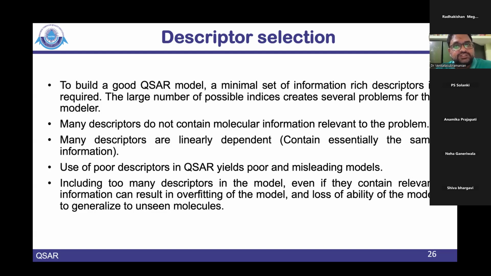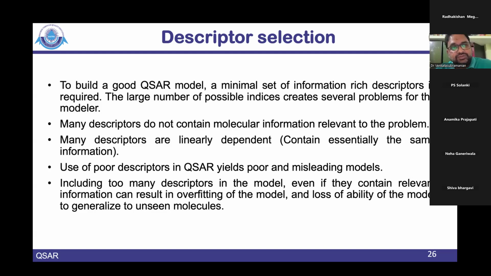The choice of descriptor is one of the important things, and that is what validates the model. If the choice of descriptors is poor, the model may be incomplete, because you're not using all the information that is available.